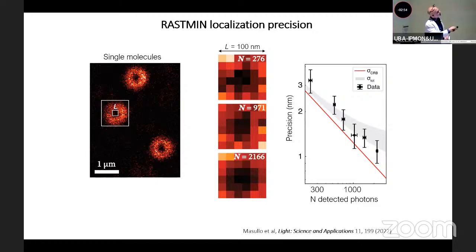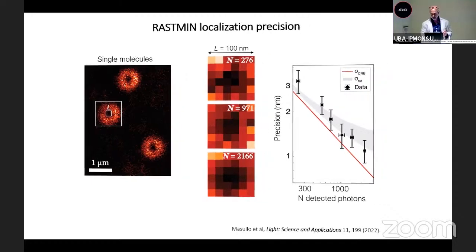In red is the Cramér-Rao bound, the theoretical limit. The gray shade is what we expect by combining the theoretical limit with our drift correction, which is not always perfect. And this is the experimental determination. So you see, we can reach 1 to 2 nanometer localization error with a few thousand photons.